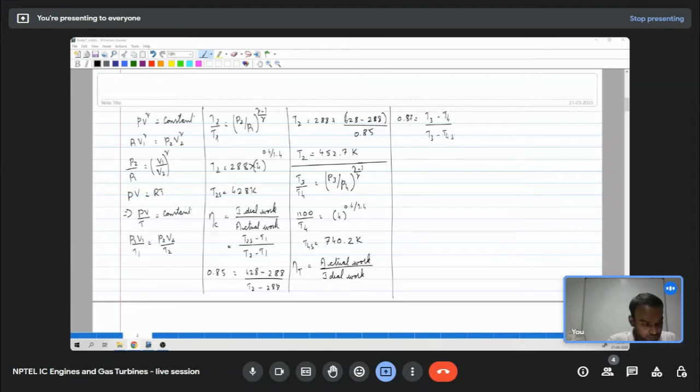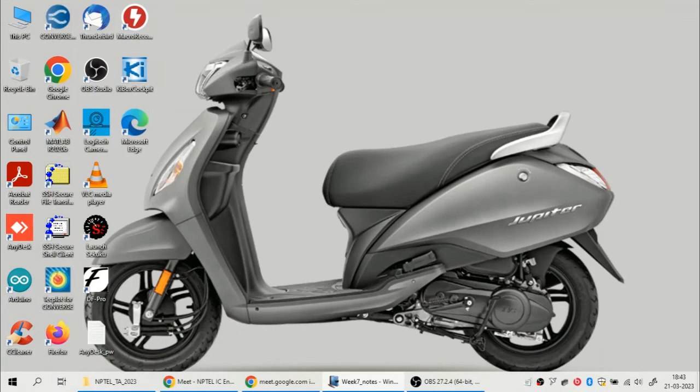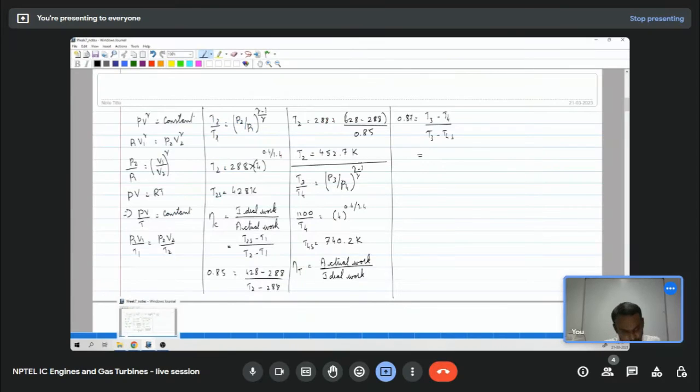So now we have this turbine efficiency as 0.87, which is actual work by ideal work. In the actual case, we have the temperature T3 minus T4, and in ideal we have T3 minus T4s. So T3 is 1100, which is given. 1100 minus T4, which we need to find, by 1100 minus T4s, which is 740.2, and this is 0.87.